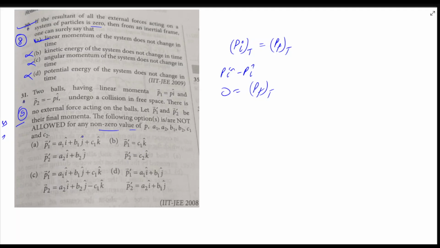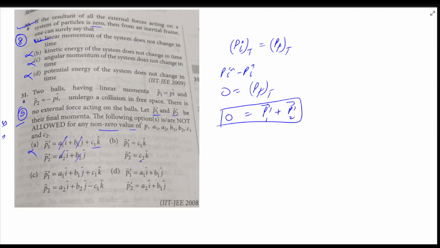So look, these A1, B1, C1 are not zeros. They can be positive, they can be equal, they can be negative. It's saying the final momentum, the sum of P dash 1 vector plus P dash 2 vector, must be zero. Let's check. For A, it cannot be zero, right? A1, A2 will get cancelled, B1, B2 will get cancelled, but C1 will not. So A is not allowed.